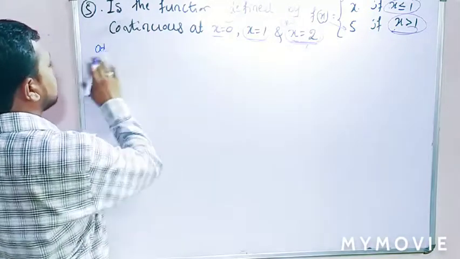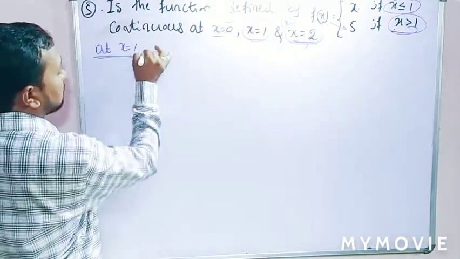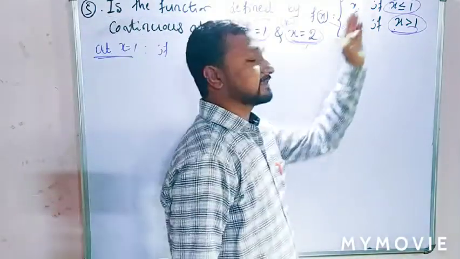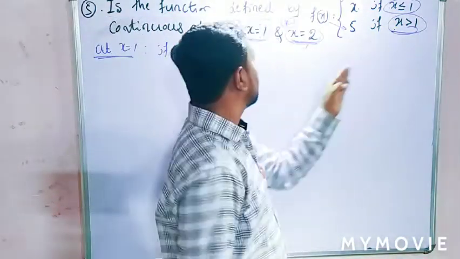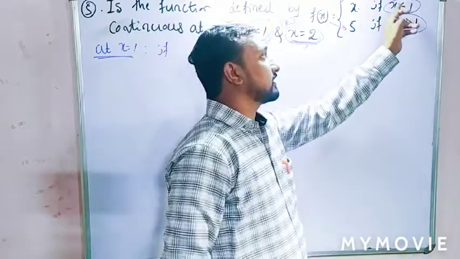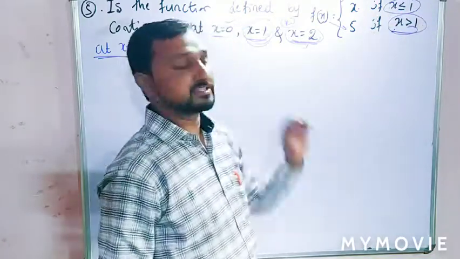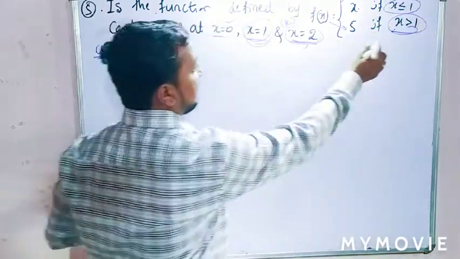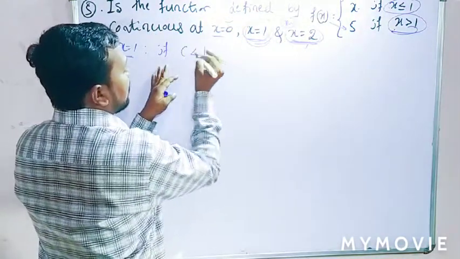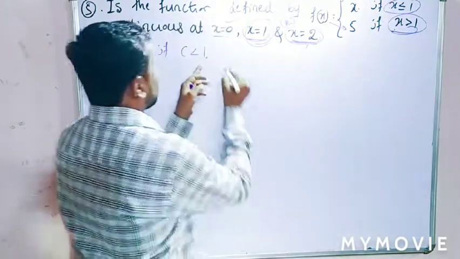There is no particular point here, so x lies between less than 1, greater than 1, and equal to 1. Thus we can check all the conditions. Here I can take x equal to c, where c is less than 1.